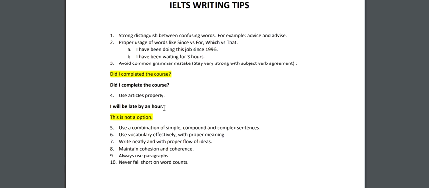And now, in order to gain higher scores, of course you are going to do something extra. You can use a combination of simple, compound and complex sentences, but you've got to make sure that the true meaning of every sentence you use comes out the way you want it to. Because what you know doesn't matter, what you write matters.